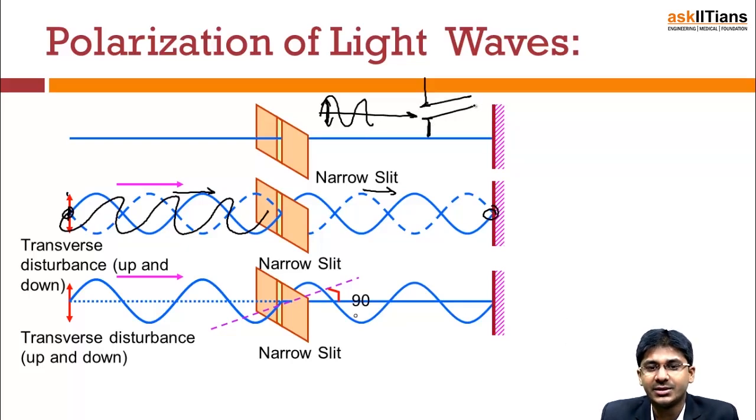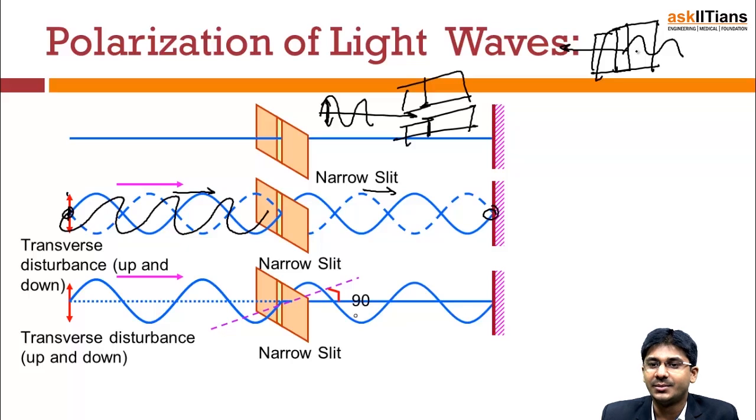If this slit width is like this, it won't be able to pass, but it would be able to pass only when the slit width is like this. So your electric field can pass, because now the disturbance is along the direction of the slit. This property is called polarization of light waves: only when you have the disturbance in a particular direction can the wave pass, otherwise it can't.